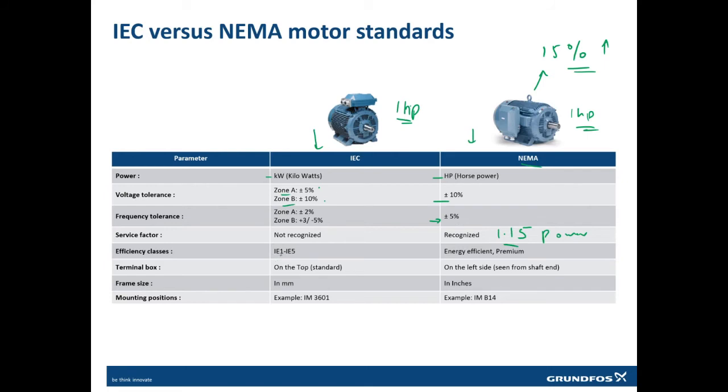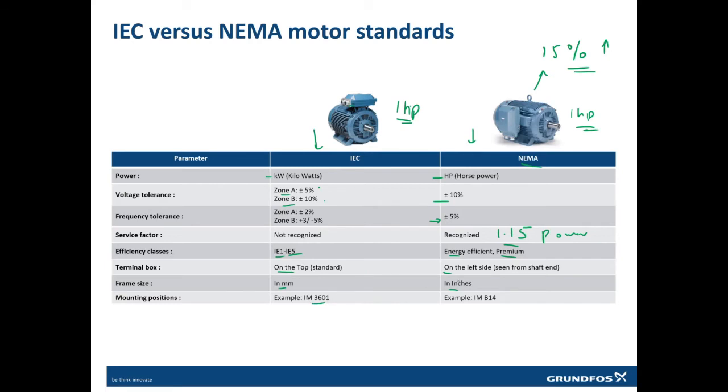Efficiency classes, we have IE1 to IE5. In NEMA, we have only 2 efficiency classes, NEMA Energy Efficient and NEMA Premium. Terminal blocks are standard on the top, which is this. In this one, on the side, which is on the left. Frame size in IEC is in millimeters, in NEMA frame size is in inches. Mounting positions are defined, IM3601.